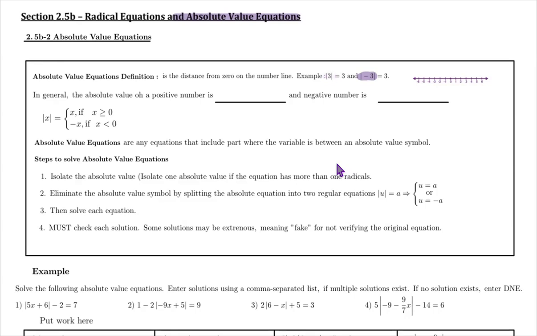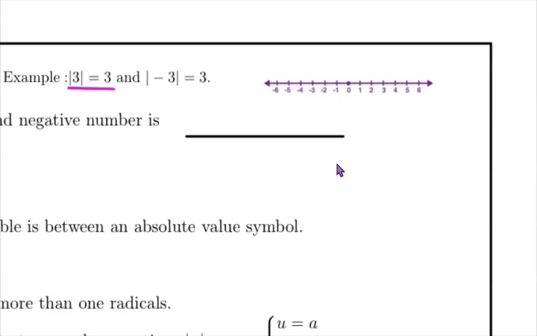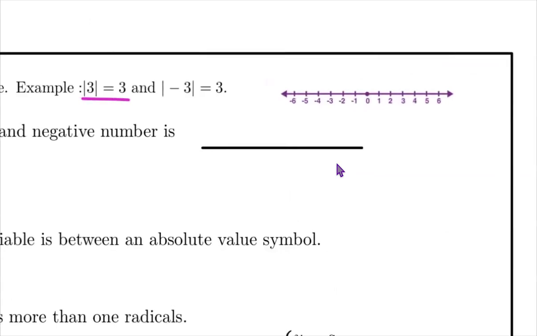Absolute value, as you know, is the distance between a number and 0. Let's say, for example, absolute value of 3. If I take 3 here, the distance will be 1, 2, and 3.